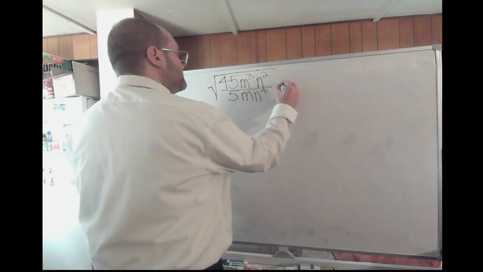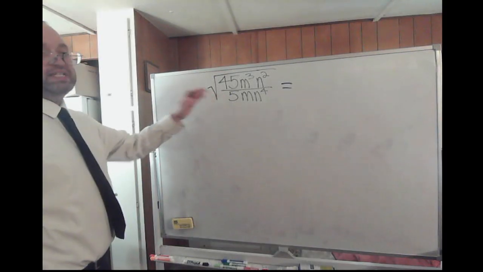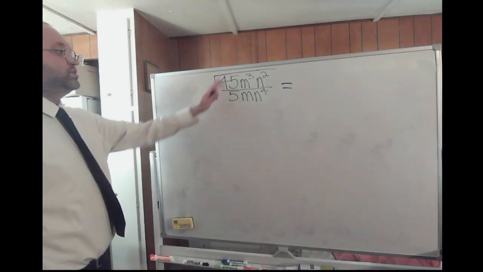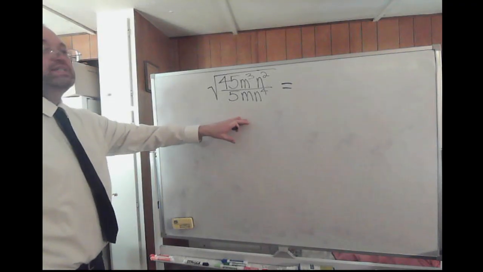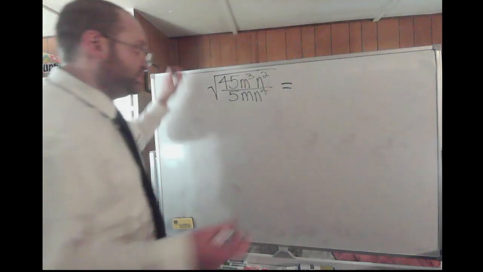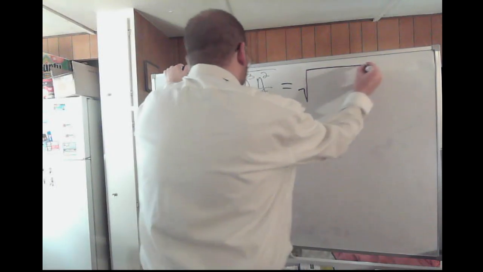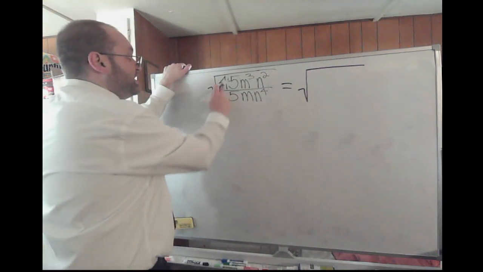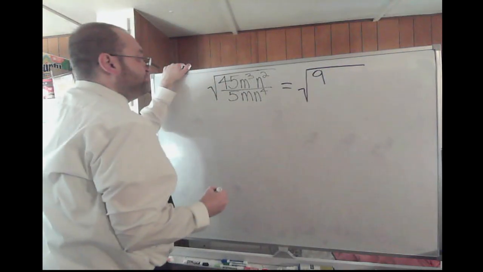Well, good news is you can basically treat square roots when you have a problem like this as parentheses almost. So you'll treat this whole expression inside the square root as if it were in parentheses. In other words, you can simplify this. So this will be equal to the square root of, all right, 45 divided by 5, that's going to give you 9 in the numerator.